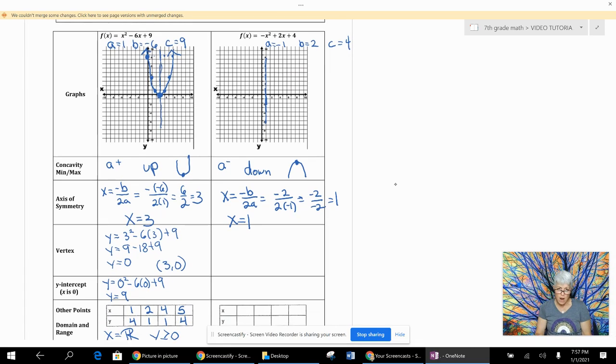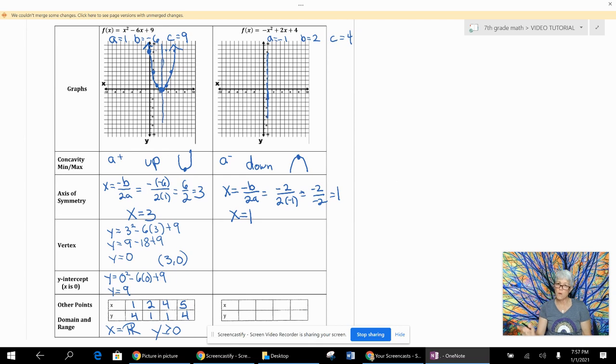All right, moving on. I'm going to now find the vertex. I'm going to take the 1 and put it back into the original equation. So I have y equals -1 squared plus 2 times 1 plus 4.